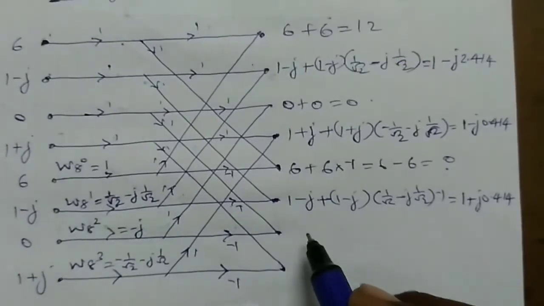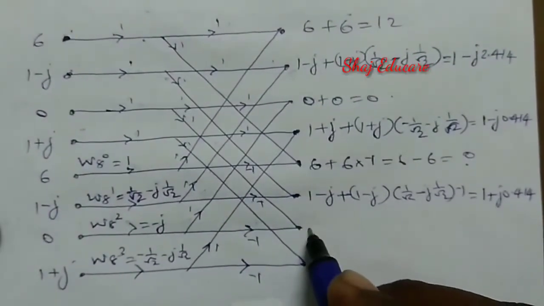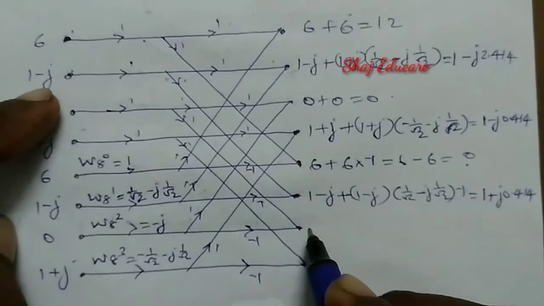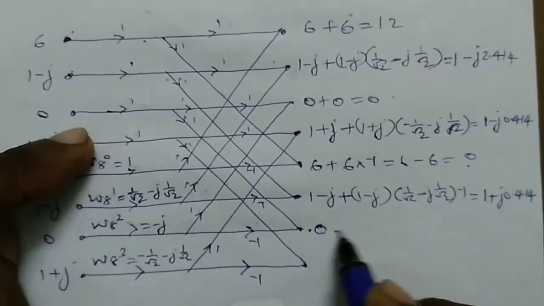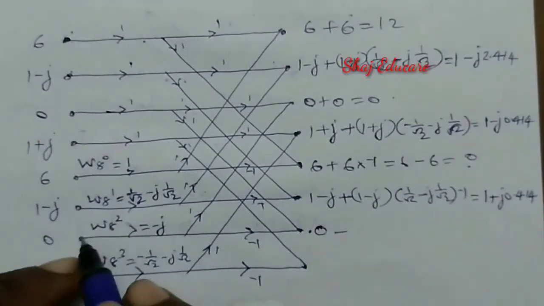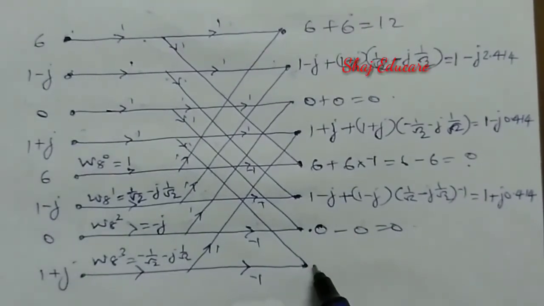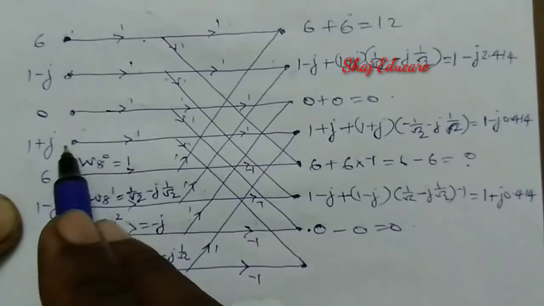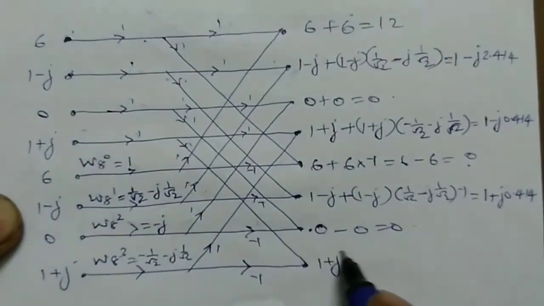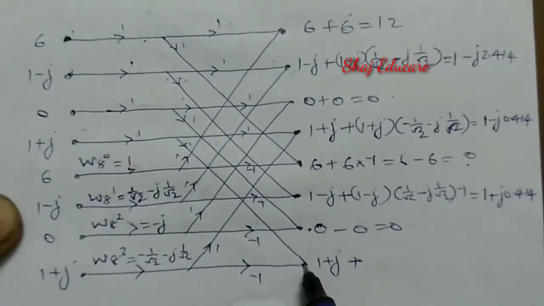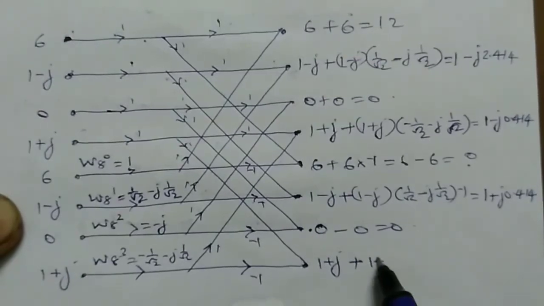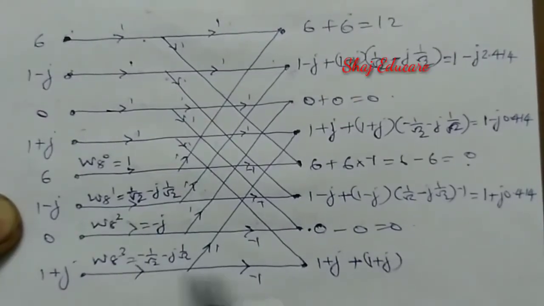Okay, now here we have a signal from this direction, that is 0 minus another is here also 0, so the answer will be 0. And finally here we have a signal from this line, that is 1 plus j, plus the signal is coming from this node, that is 1 plus j into twiddle factor.